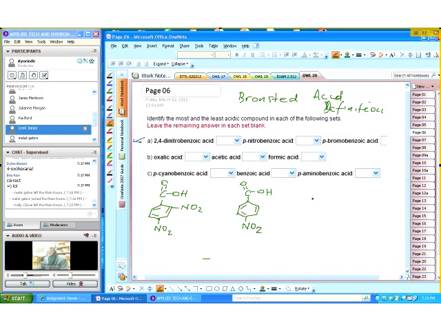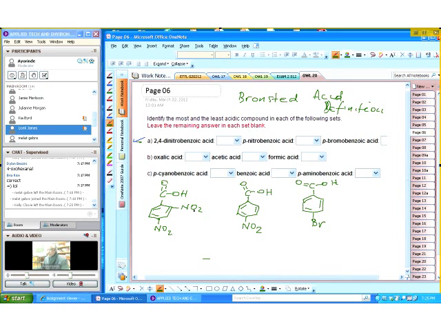Then we have p-bromobenzoic acid. Now, of all these molecules here, we know that bromine is the least electron withdrawing substituent within these molecules.